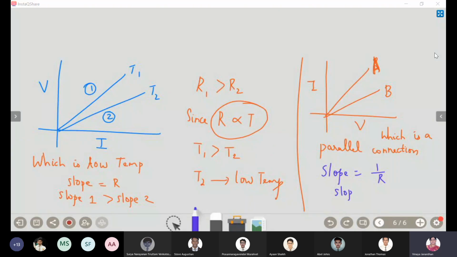Slope of A is greater than slope of B from the graph. So 1 by RA is greater than 1 by RB. They are asking which is a parallel connection. So RB is greater than RA. So this corresponds to series connection, because in series the total resistance will be higher, and this represents parallel connection. But such questions are important.